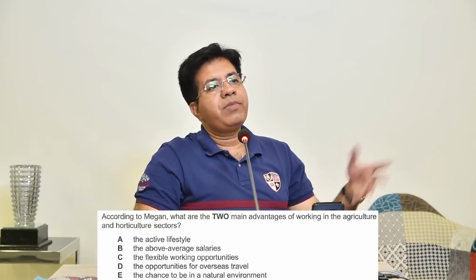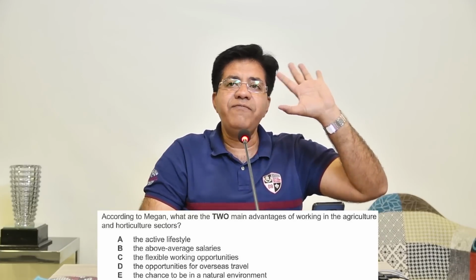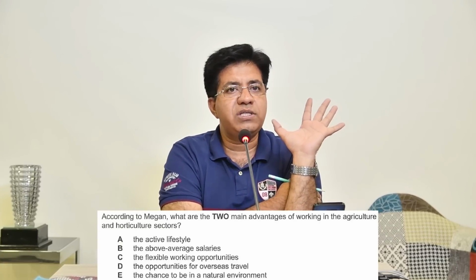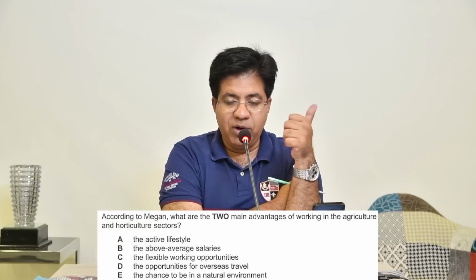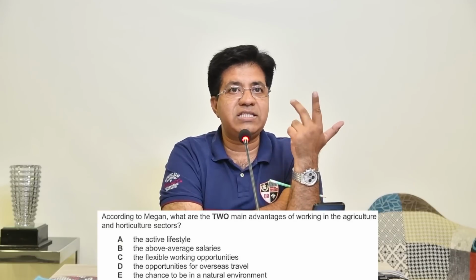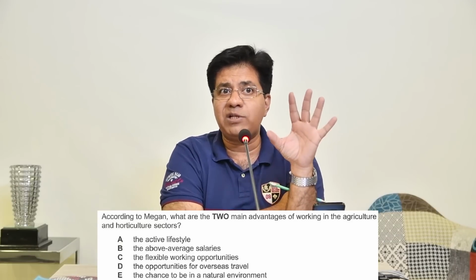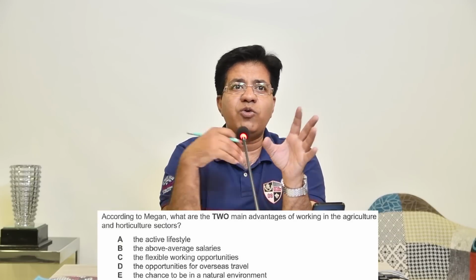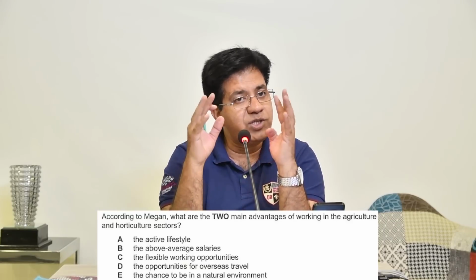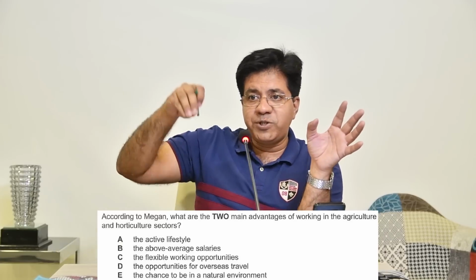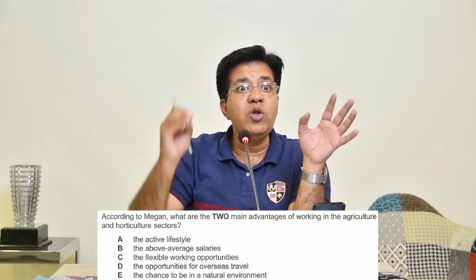Now listen, second point. They will discuss all 5 options, but the arrangement is going to be different. They will not talk about A first, then B, then C. If they only did this in multiple choice questions, believe you me, it would be the easiest question type. The confusing thing is questions are in order, but options in the questions are not in order.